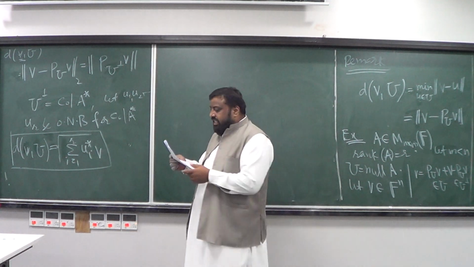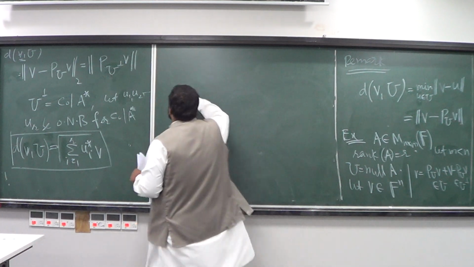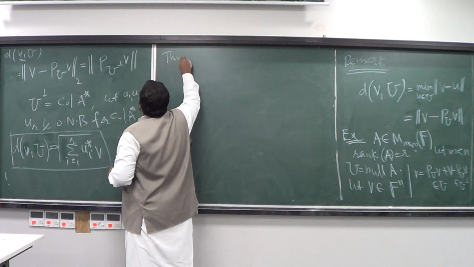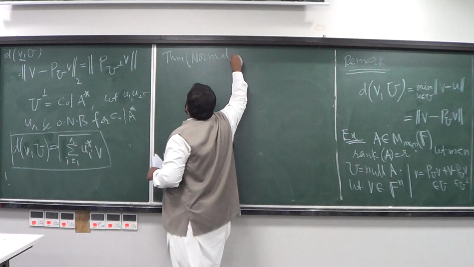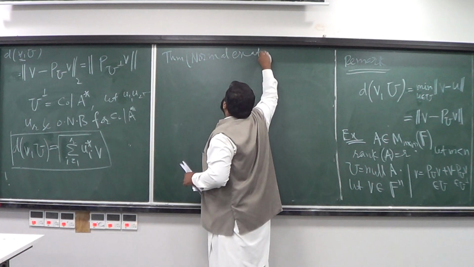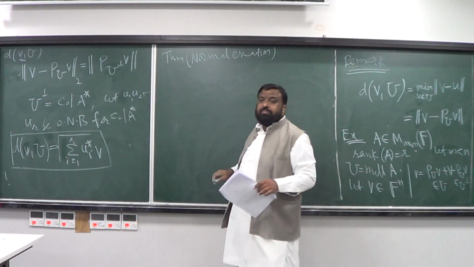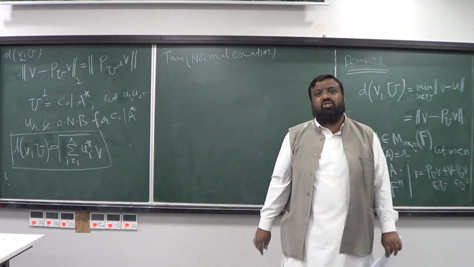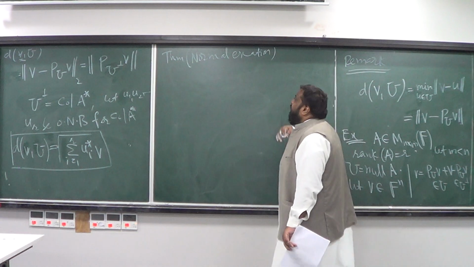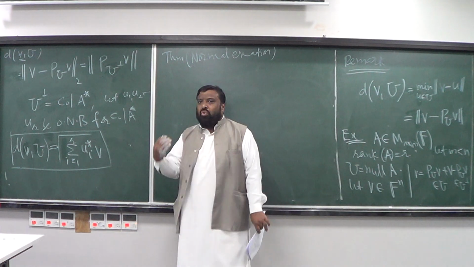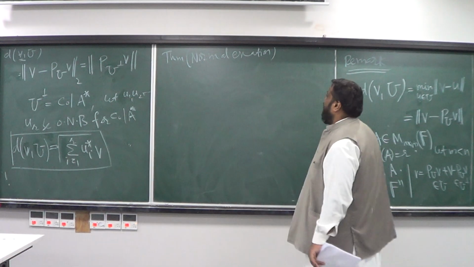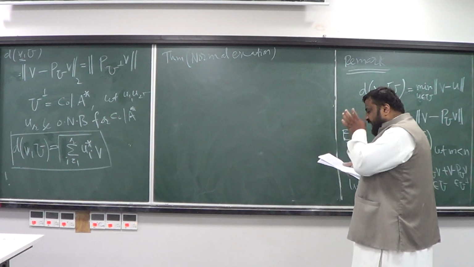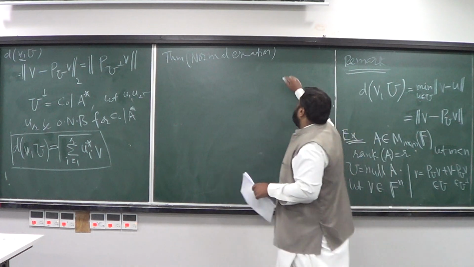So the next result is about normal equations, which is a way to find the orthogonal projection for a subspace whose basis is not necessarily orthonormal.